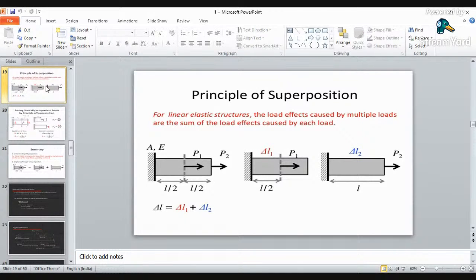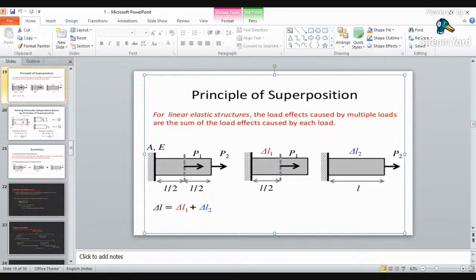There are two conditions that a structure must satisfy in order for the principle to be valid. The first is that the structure should be a linearly elastic structure. The equations of equilibrium must be based on the undeformed shape of the structure, so the deformations occurring in the structure must be small enough to be considered negligible.